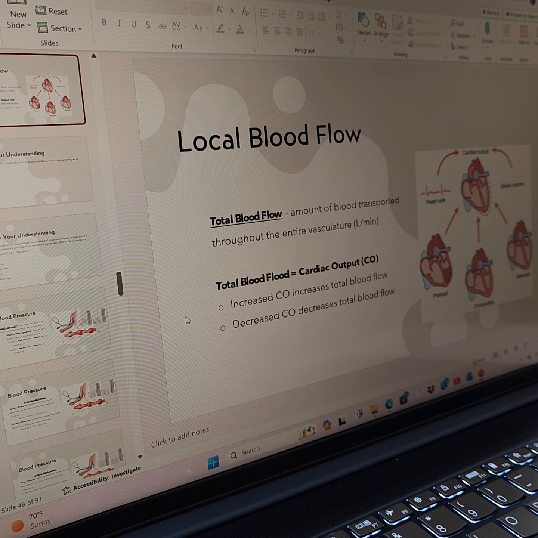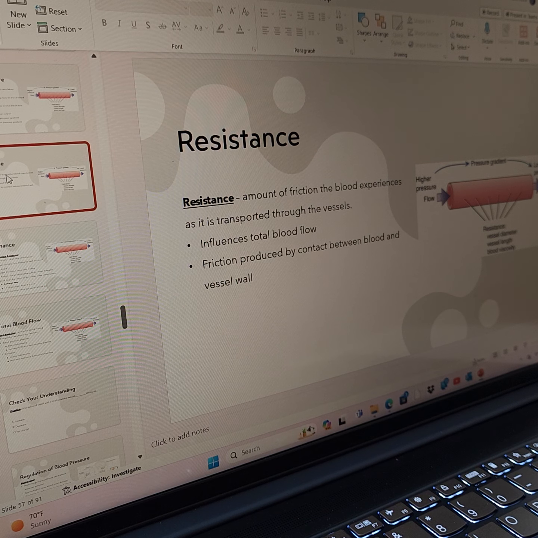Decreased cardiac output decreases total blood flow. So blood flow resistance principles: the amount of friction the blood experiences as it's transported through the vessels influences total blood flow. So friction produced by contact between blood and the vessel wall, yes?